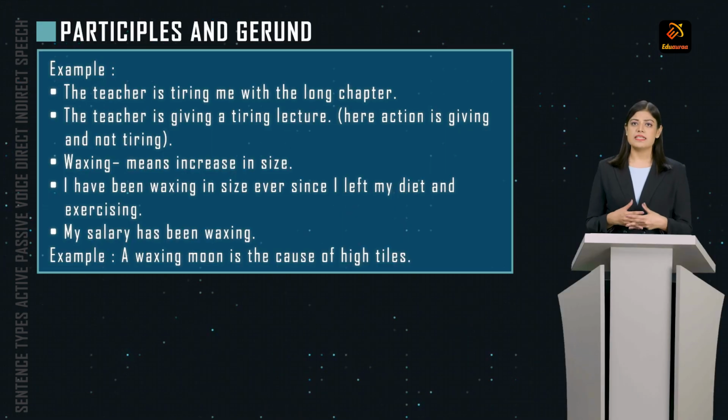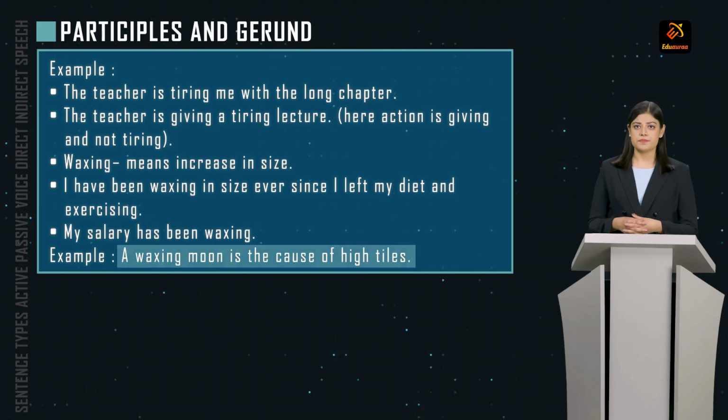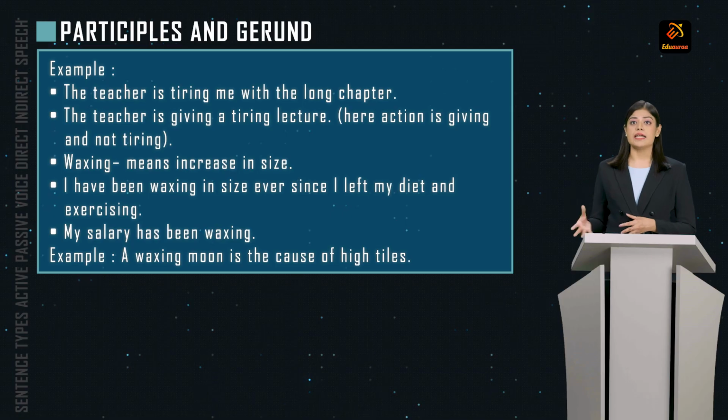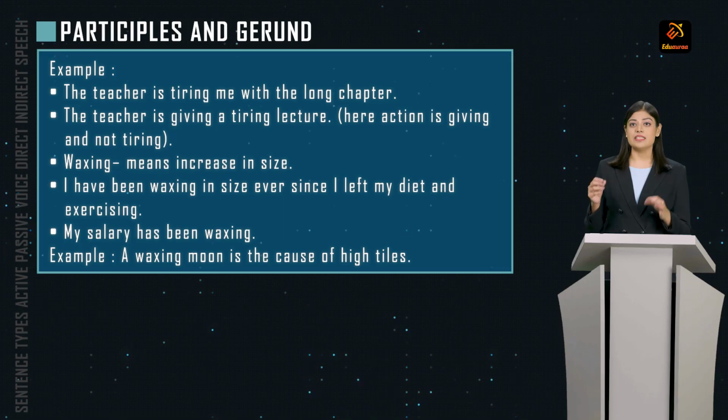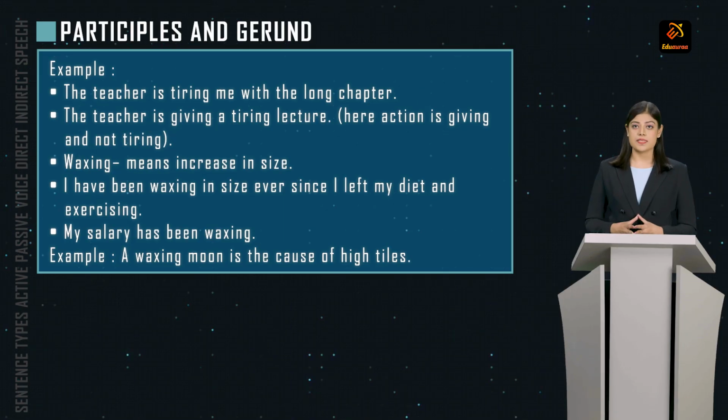Now let's look at the next sentence. A waxing moon is the cause of high tides. In this sentence, moon is the subject. What is the moon causing? It's causing high tides, right? But what is the word waxing doing? I say a waxing moon means an increasing moon, a moon which is growing in size.